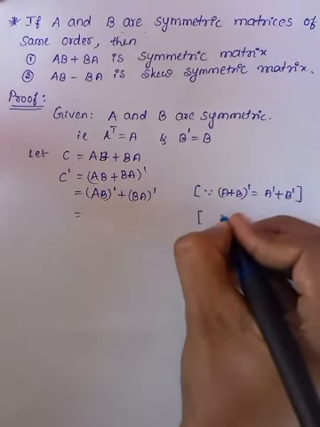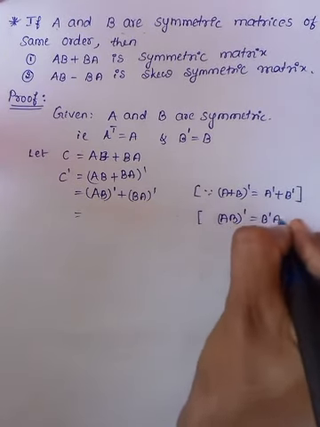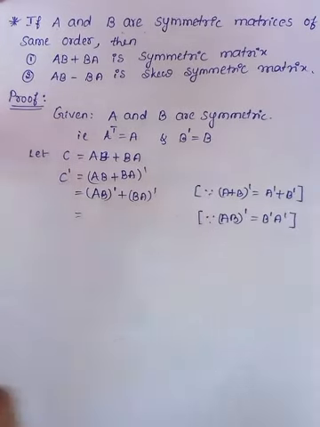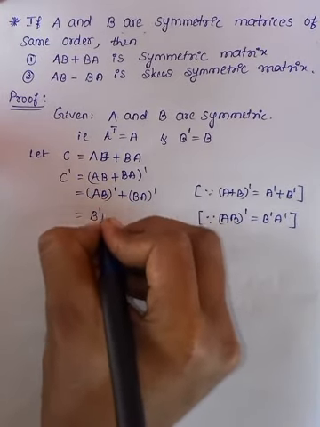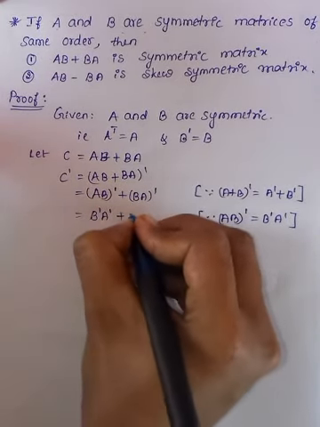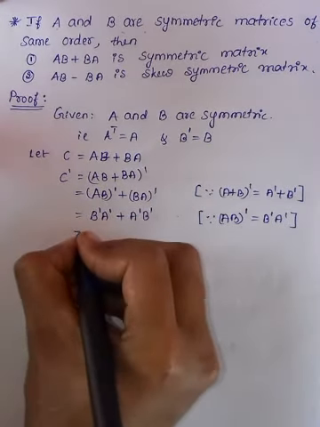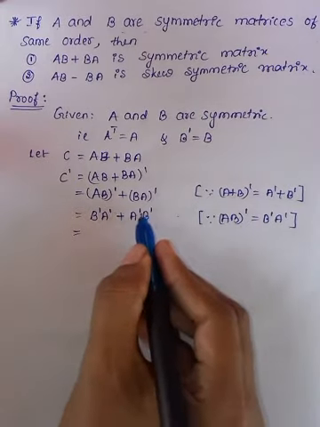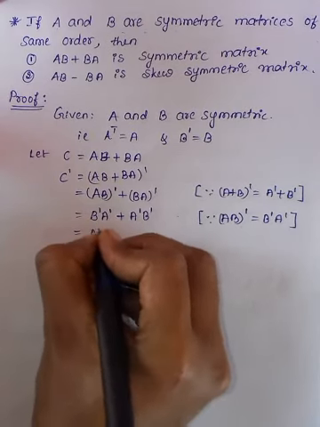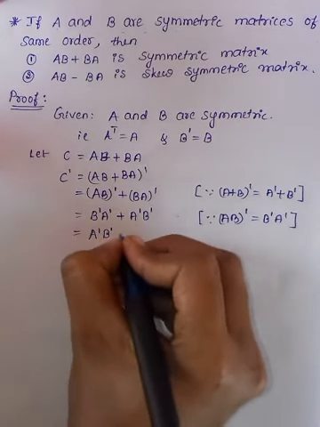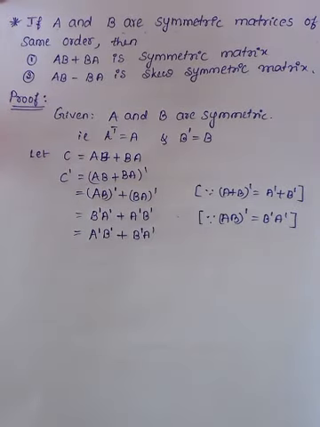We know that (AB) whole transpose equals B transpose into A transpose. This is another property of the transpose of a matrix. So here B transpose A transpose plus A transpose B transpose, which is equal to, since addition of two matrices commutes, A transpose B transpose plus B transpose A transpose.